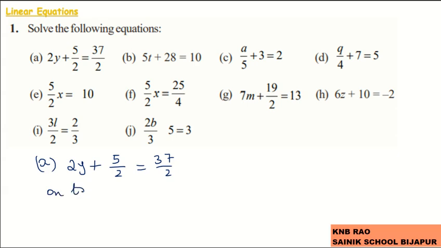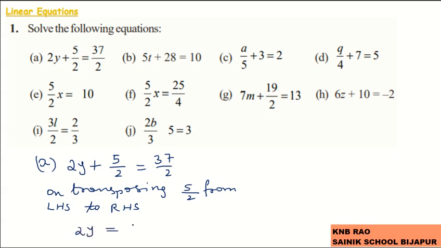On transposing 5 by 2 from LHS to RHS gives the next step: 2y equals 37 by 2 minus 5 by 2.